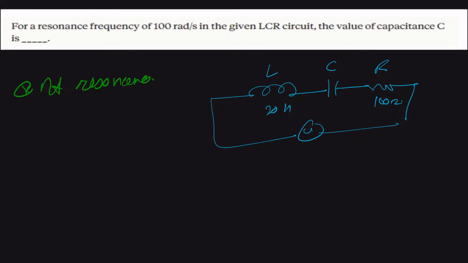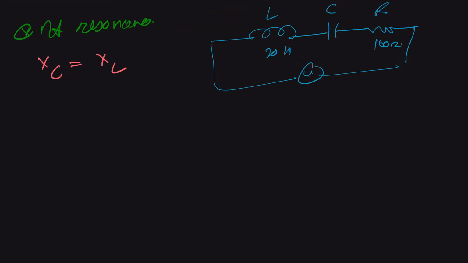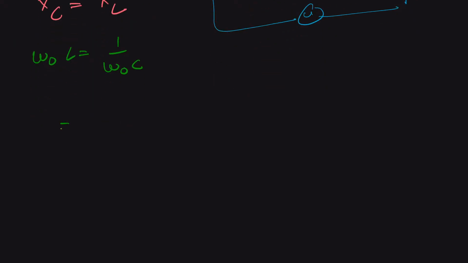We know at resonance the impedance of our capacitor is equal to the impedance of our inductor. So we can say that omega naught L is equal to 1 upon omega naught C. Therefore we get omega naught square is equal to 1 upon LC.